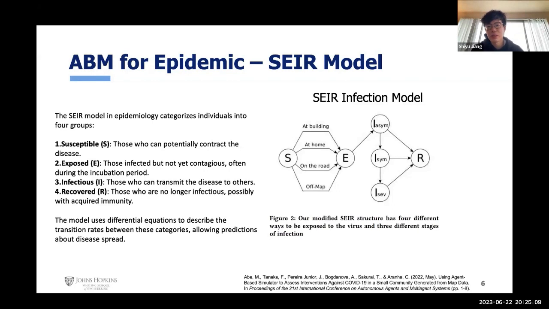Actually, no, I think so. They will just have those states for the agents, and based on their health states, agents will react differently. For example, in the infectious states there are three substages. If the agent is severe, he will go to the hospital, or he will just be quarantined at home doing some very basic behaviors.